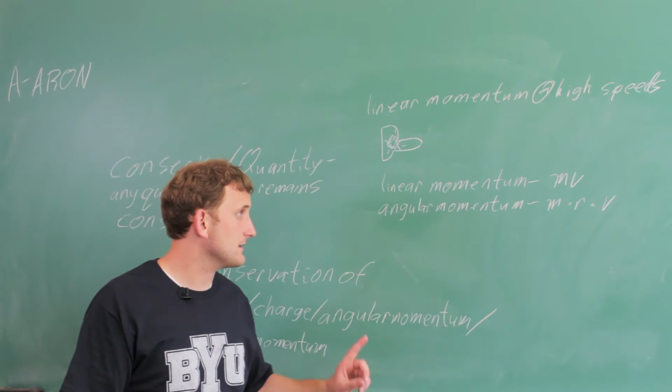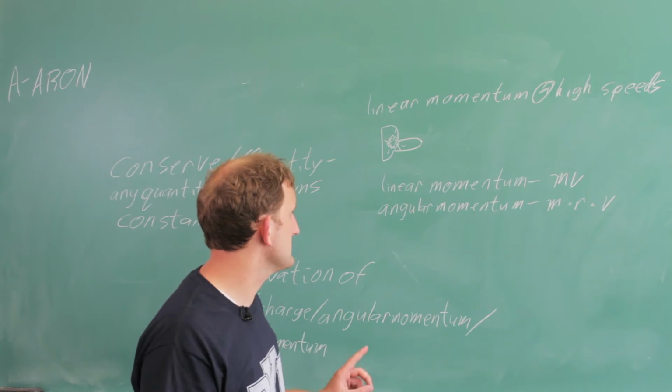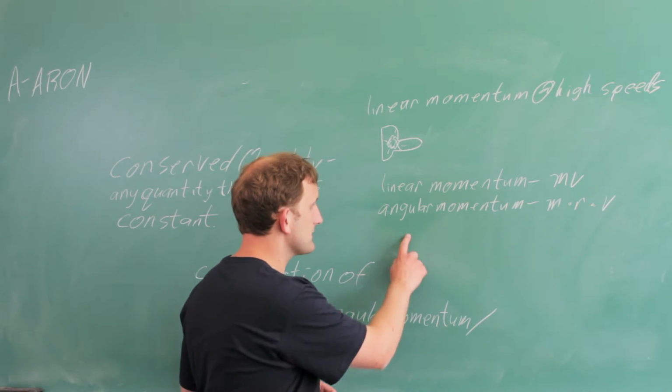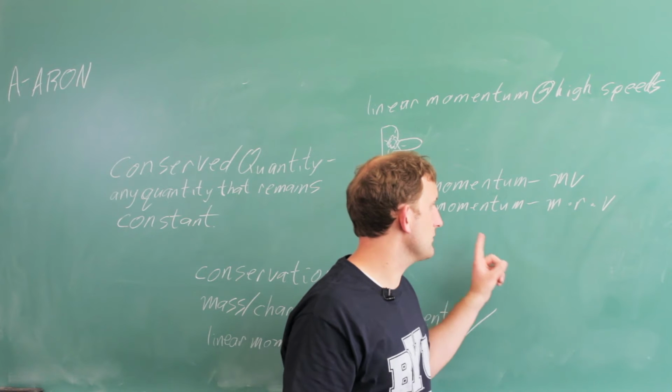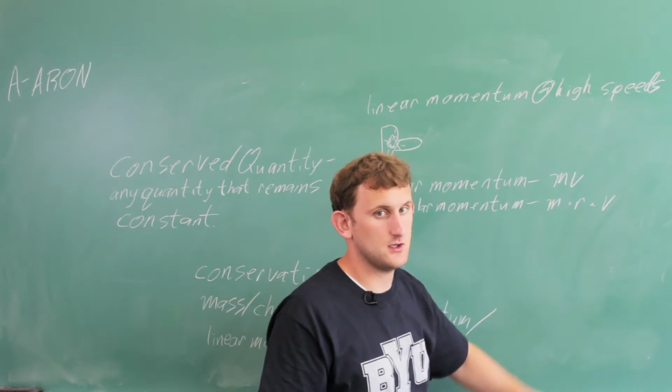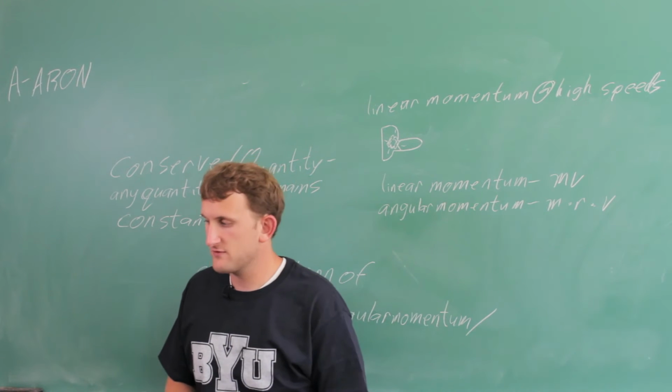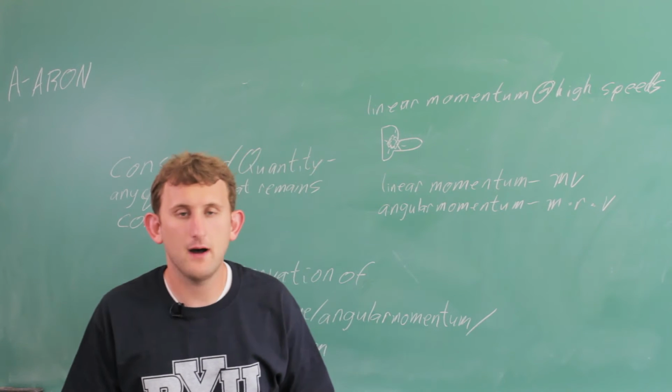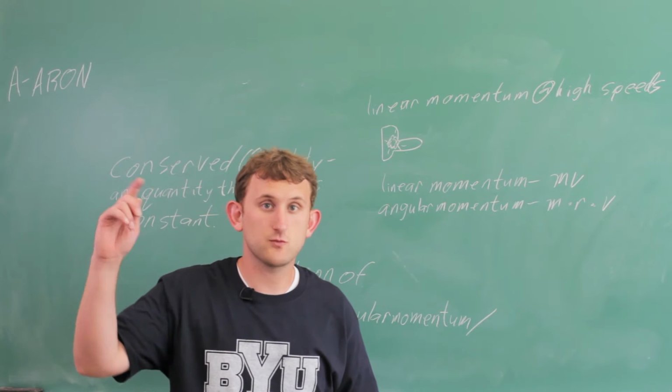Now the next one is angular momentum. That's a little bit different. Up here you can see angular momentum is equal to mass, which is m, times r, which is radius, times velocity. Let's imagine that I'm swinging a ball above my head.